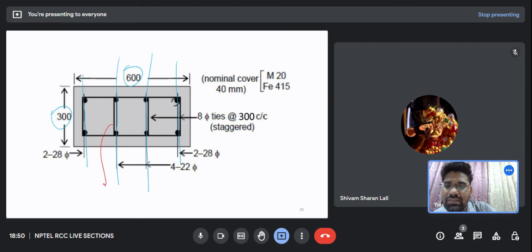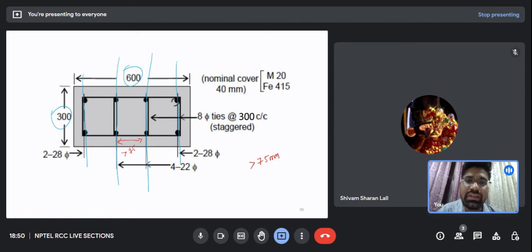These are the ties. Why do I have internal ties? Because there is one more clause in IS 456. If the distance between two ties exceeds 75 mm, then I will have to provide ties in between also, and that is the reason. This distance is greater than 75 mm. That's why we have more number of ties.